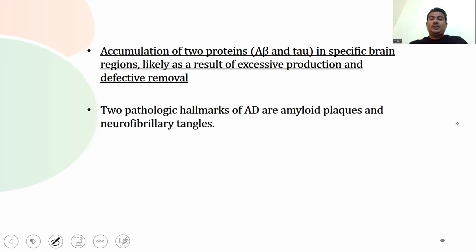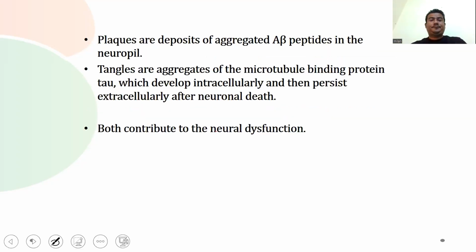It is the accumulation of two proteins, A beta and tau, in specific brain regions, likely as a result of either excessive production or defective removal, which are involved in the pathogenesis of Alzheimer's disease. The pathological hallmarks of Alzheimer's disease are the amyloid plaques and the neurofibrillary tangles.